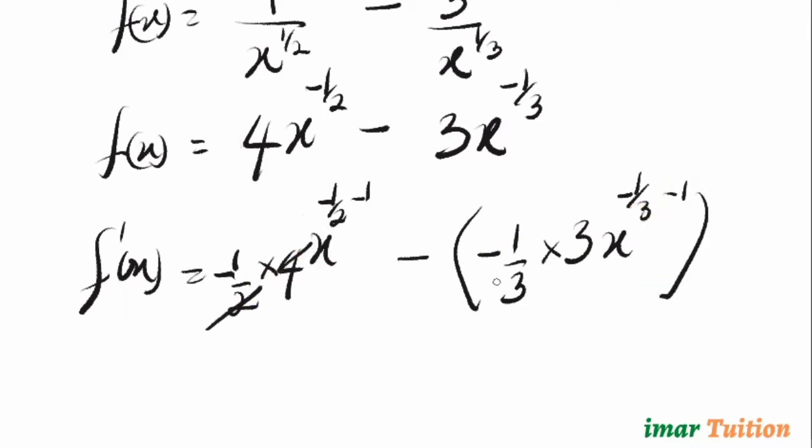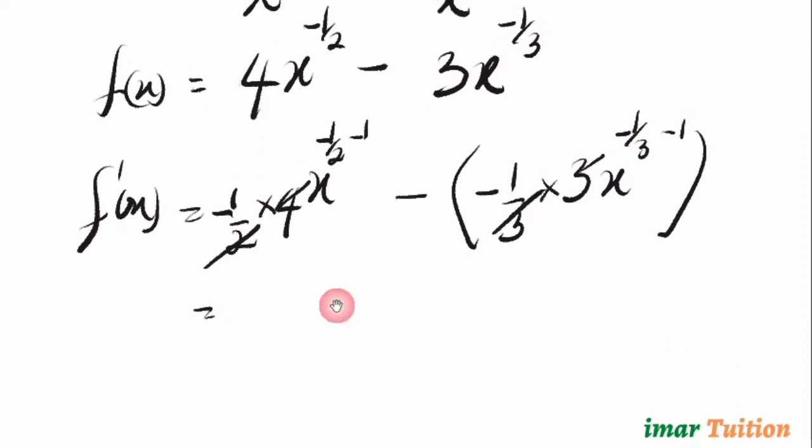This will cancel this, this will cancel this, so you'll be left with minus, this cancels this, you have 2 here, so you have minus 2x.